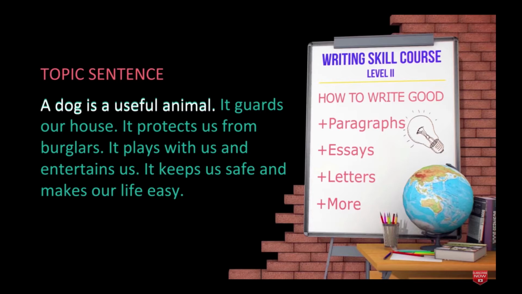Yes, of course. It plays with us and entertains us. Does it support that a dog is a useful animal? Yes, of course again. It keeps us safe and makes our life easy. This sentence too supports the topic sentence. So, a good paragraph must have a topic sentence that controls the other sentences.